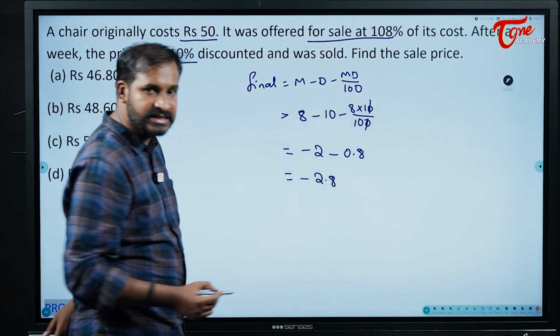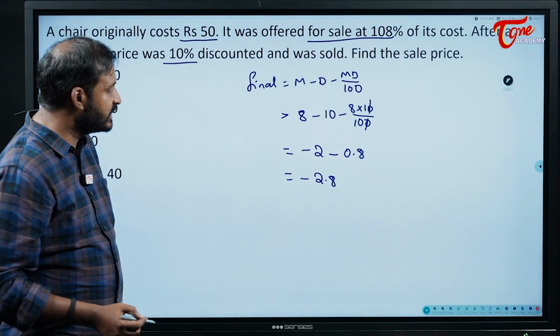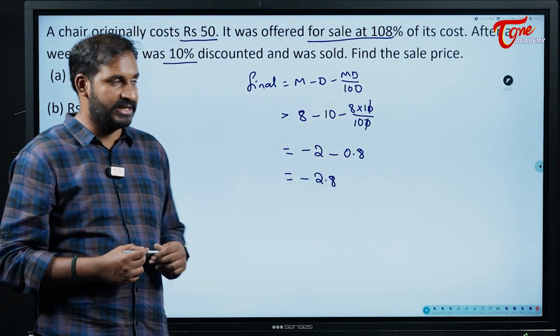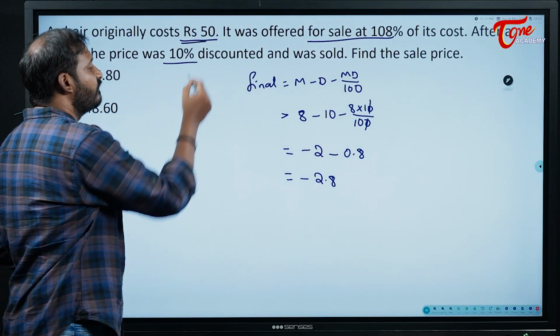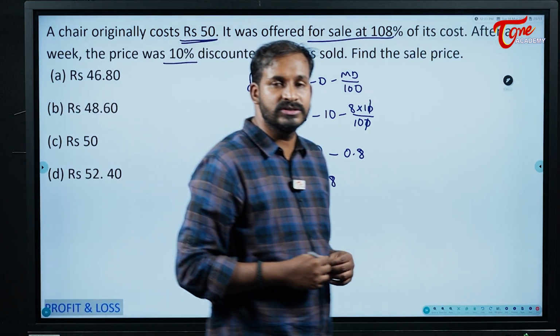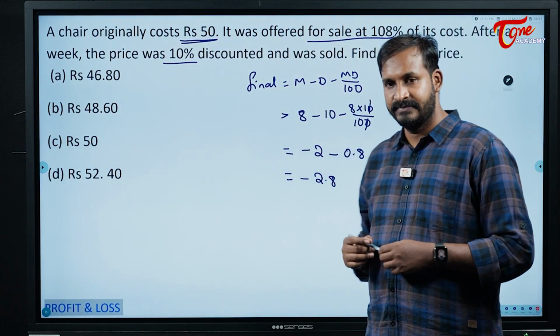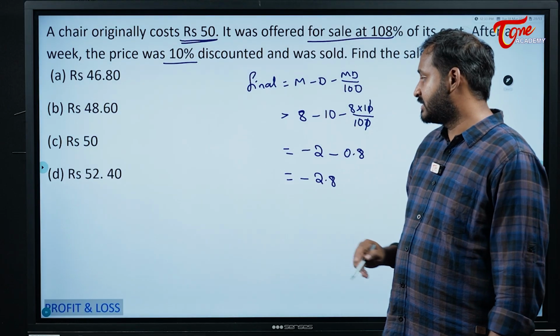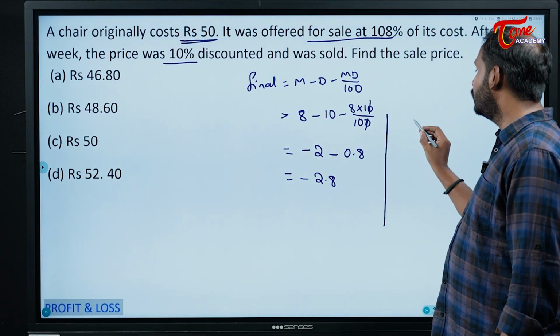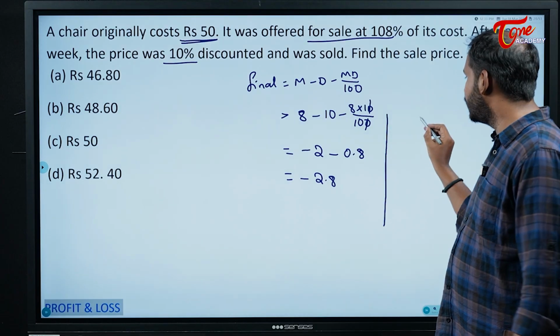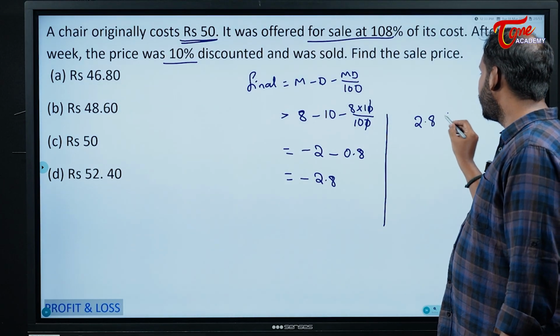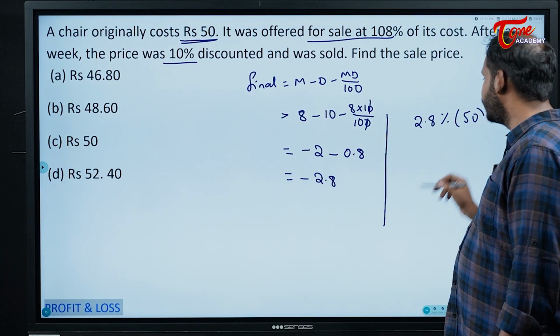What does minus indicate here? Loss. Loss by what percentage? 2.8%. What is the cost price of it? 50 rupees. And it was sold at a loss of 2.8%. So what can you write? You can find 2.8% of 50 and subtract it from 50, that is fine.